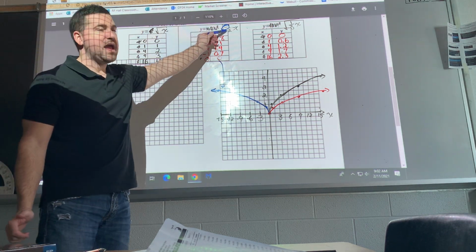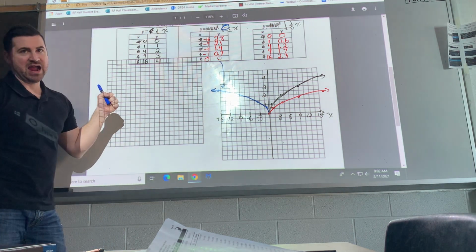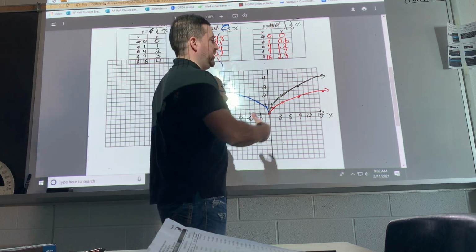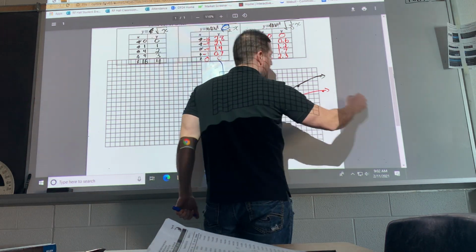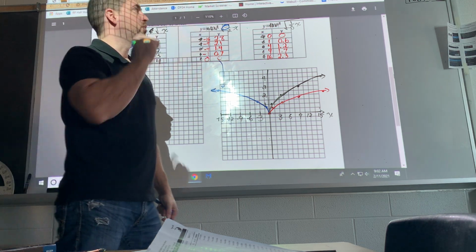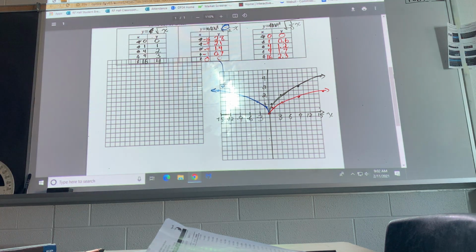So 1 divided by a half is 2, so it gets stretched by a factor of 2. Over here, this red one gets stretched horizontally by a factor of 1 divided by 0.33, which is 3. So it's always the opposite.